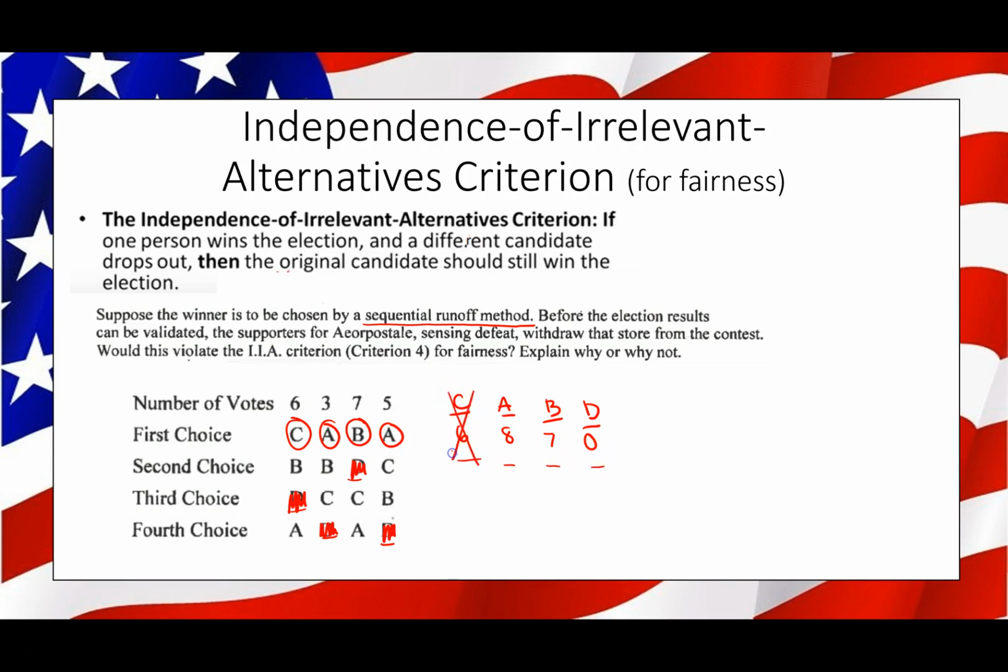Oh, we can cross off C. Now C has the fewest number of first place votes, so we're going to get rid of C. So now this is really just A versus B because we've already canceled out C and D. Well, B wins first place here and first place here. So 6 plus 7 is 13. And then A wins here and A wins here. That is 8. So it looks like A cancels out and B wins this.